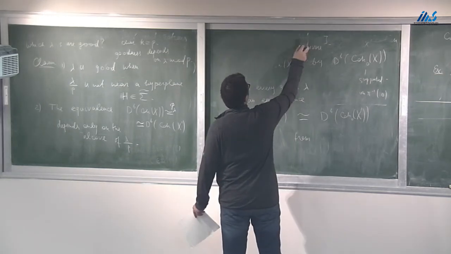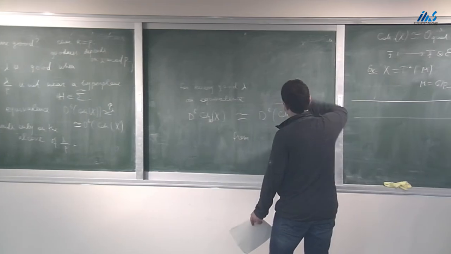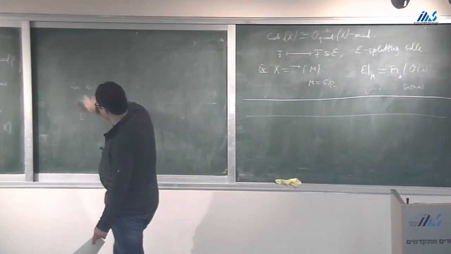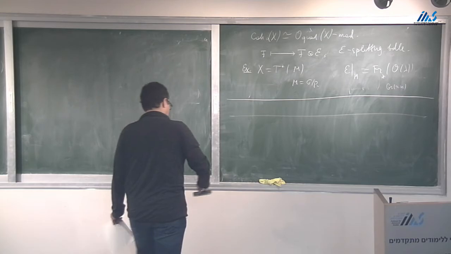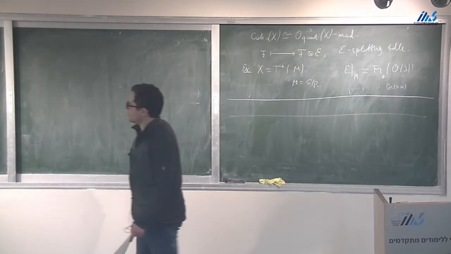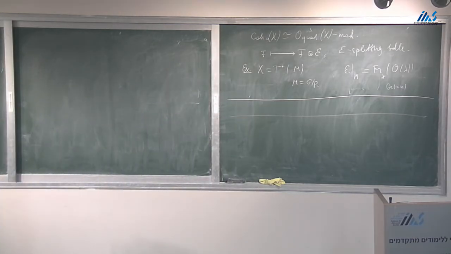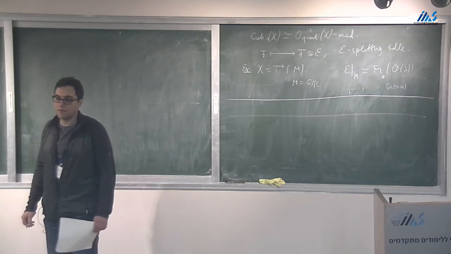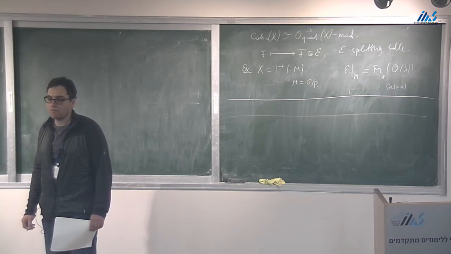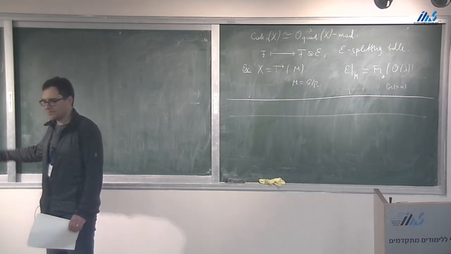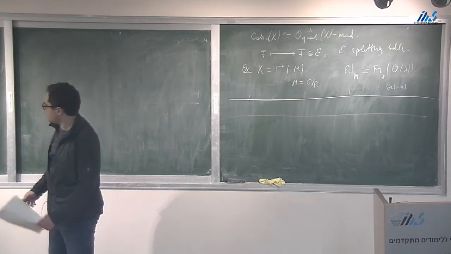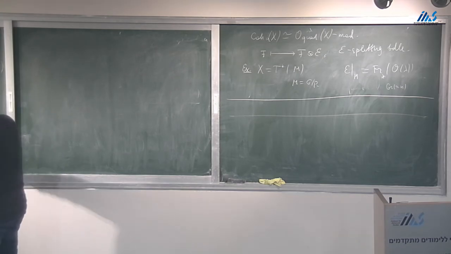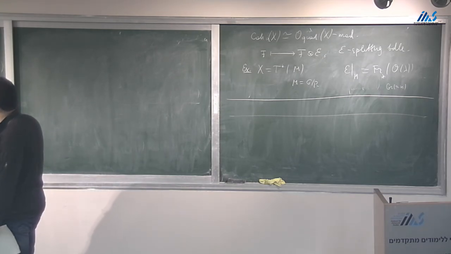So at this point, we already have all the data we need to construct our local system of categories. Of course, we have to check something, but let me briefly say what we need to check. A more relevant question is, how about characteristic P?